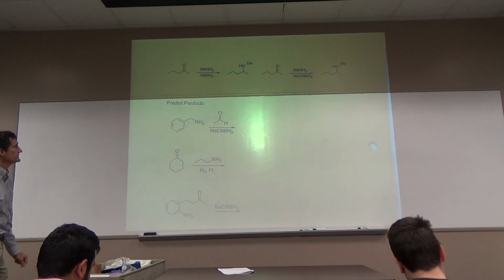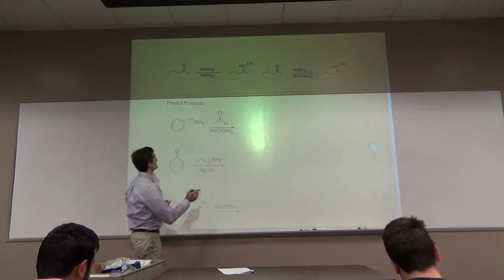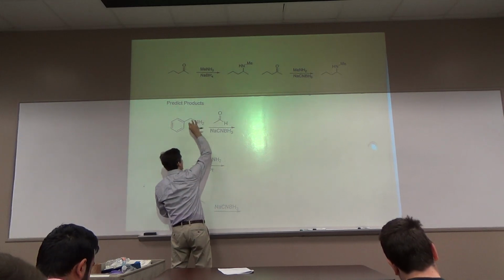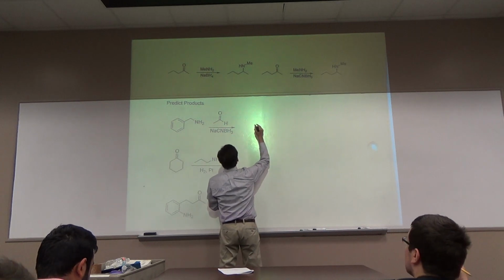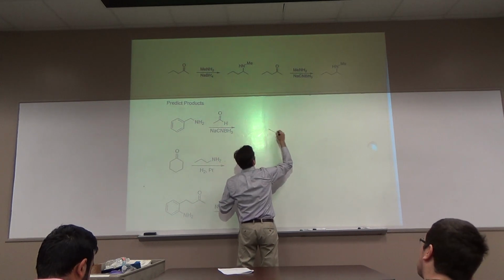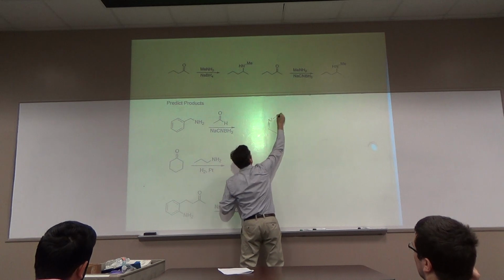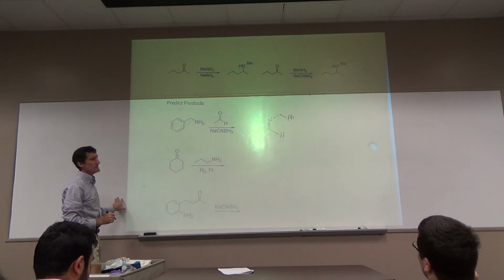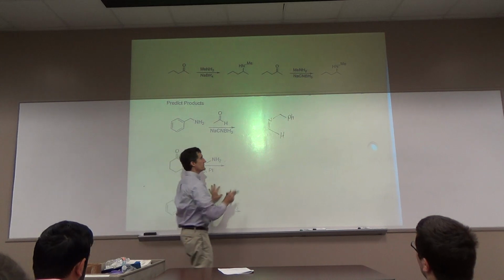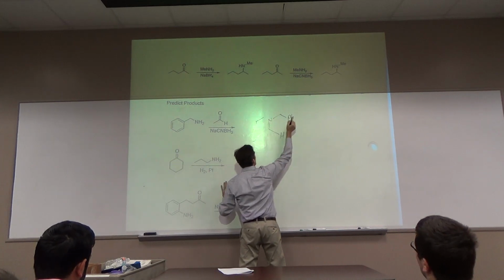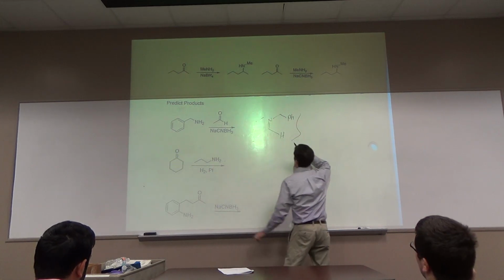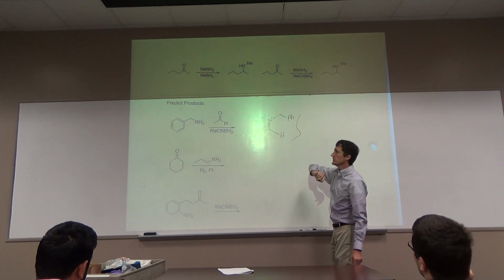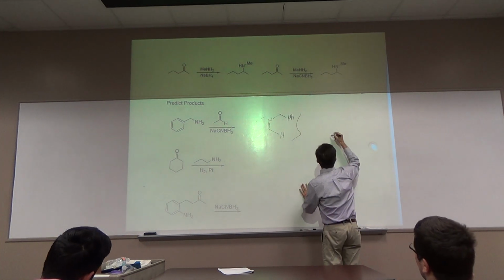Oxidative dealkylation. Okay, here. Aldehyde, ketone, amine, what's that going to make? There's the imine that will be made. Replace the oxygen with nitrogen, right? Plus water. But the reducing agent is going to reduce the double bond, and we're going to get what?